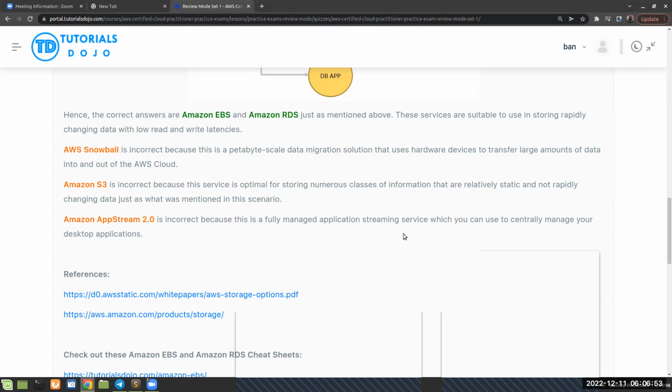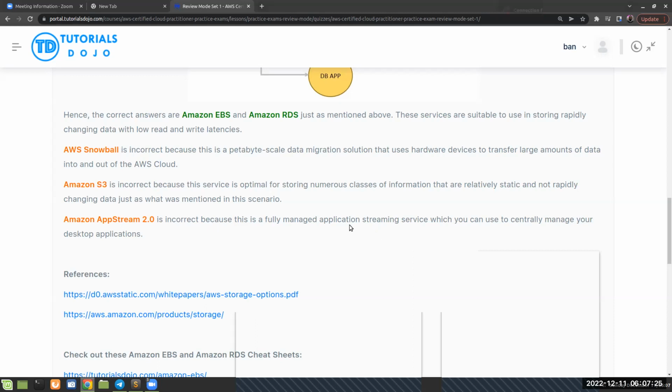While AppStream, on the other hand, you centrally manage your desktop applications. I always like to learn this service alongside Amazon WorkSpaces. Amazon WorkSpaces is when you are looking for virtualized desktops, if you want Linux and Windows operating systems. But AppStream is for when you are managing desktop applications.